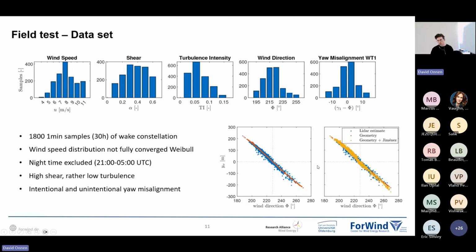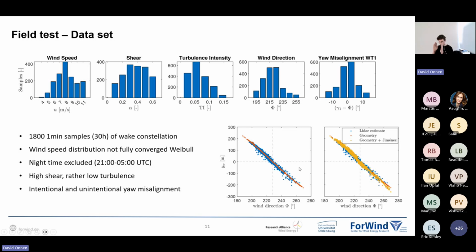Now you see here the wake positions, which were extracted from the LiDAR data. So from our 1,800 samples, that's all the wake positions that were covered. In red, you see, I would say, the geometric view on it.